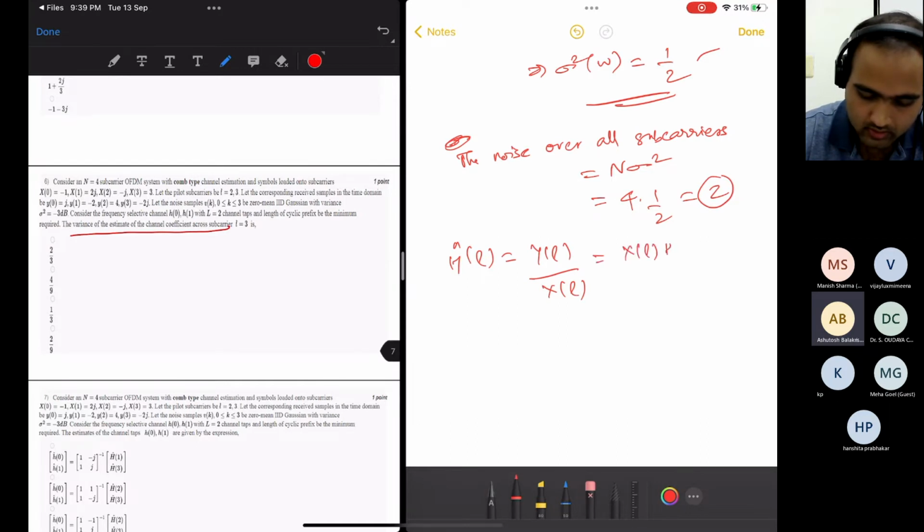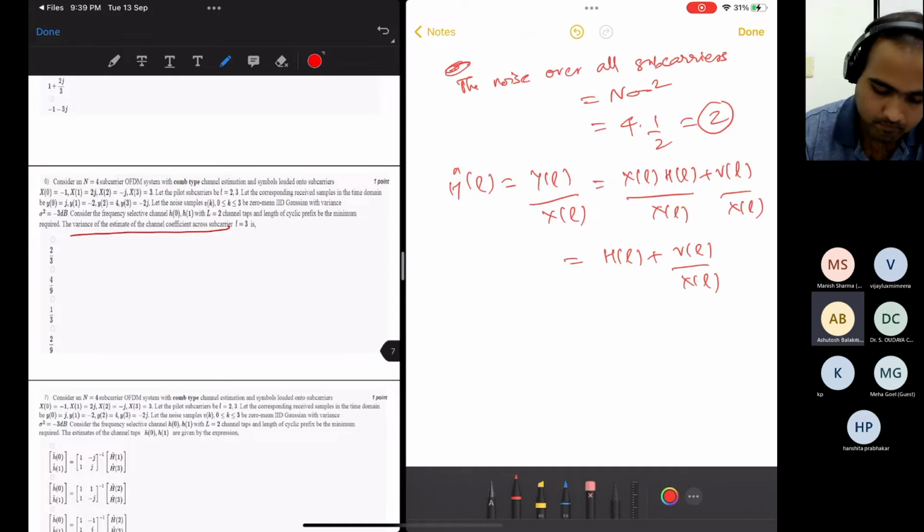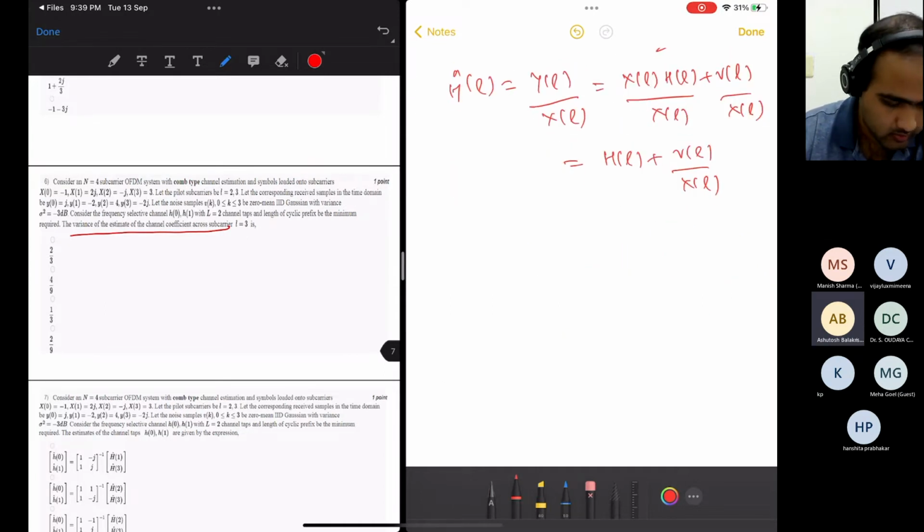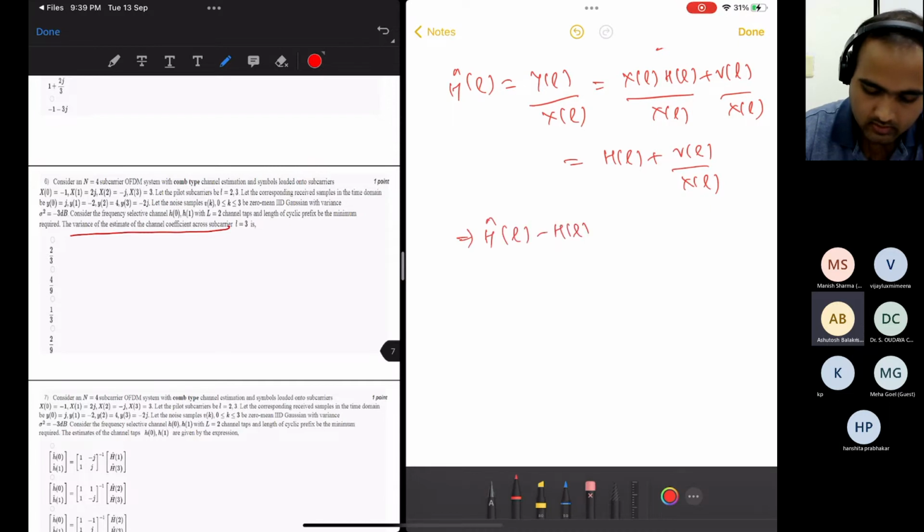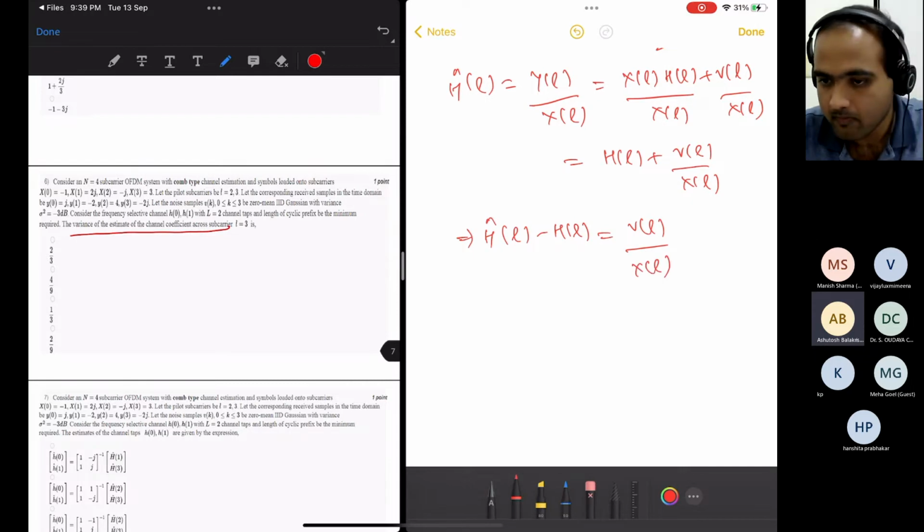It is x of L, h of L plus v of L, divided by x of L. So this is h of L plus v of L over x of L. So h hat L minus h of L is v of L over x of L.